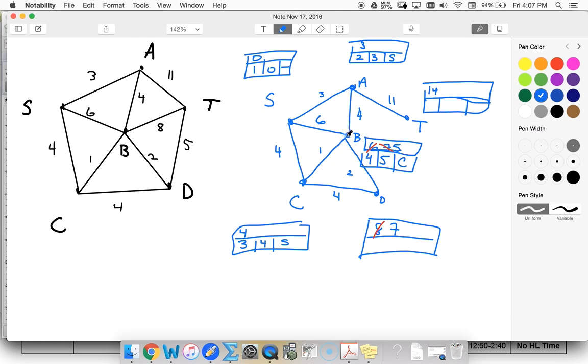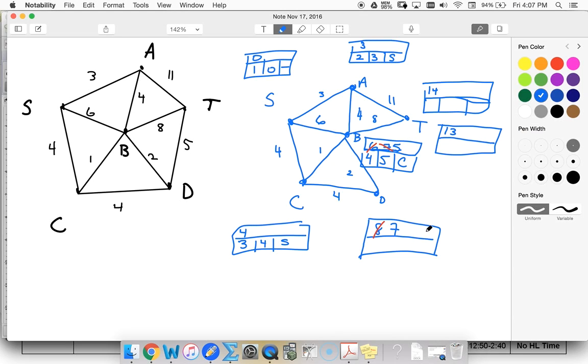I also have from B coming out to T a path of 8. So 4, 1, 8. Now I need a box for my T. That has a distance of 13.